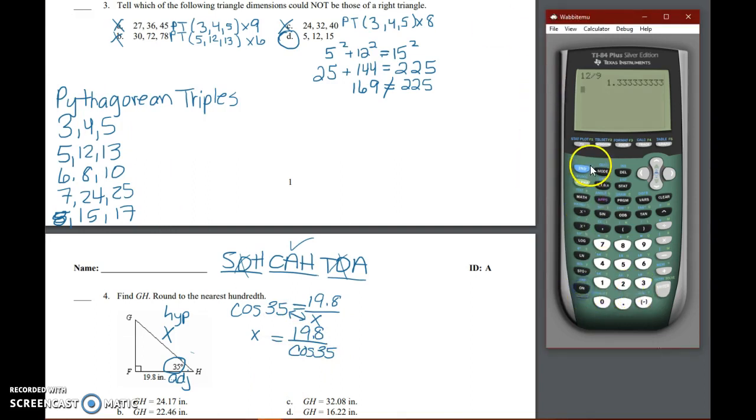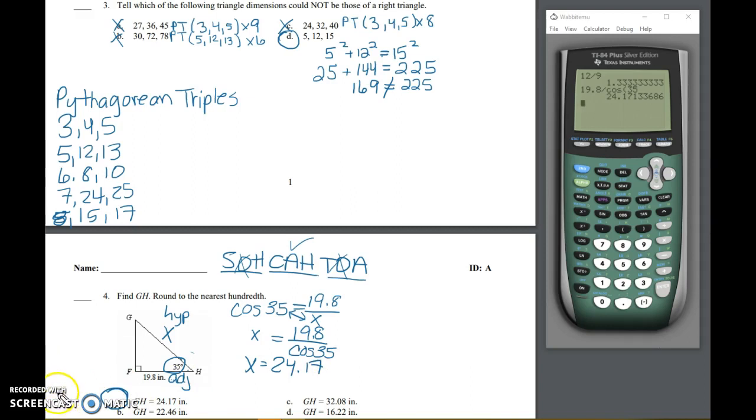It's a good thing we already made sure it was in degree mode, because now I'm going to type in 19.8 divided by the cosine of 35. And I'm going to hit enter, and I get 24.17. So x equals 24.17, and that looks like it's going to be A. Okay, I'm going to pause the video to move it on up.